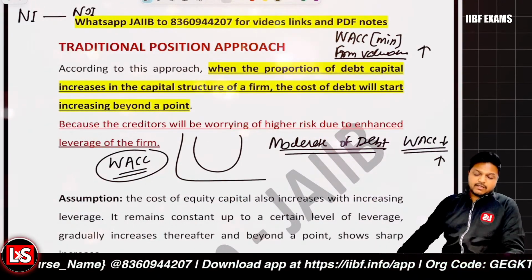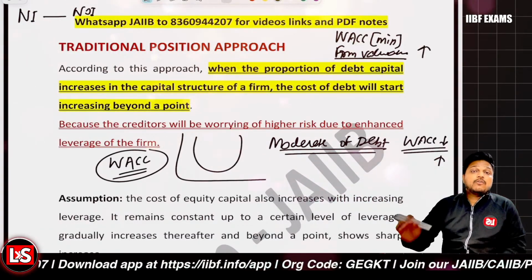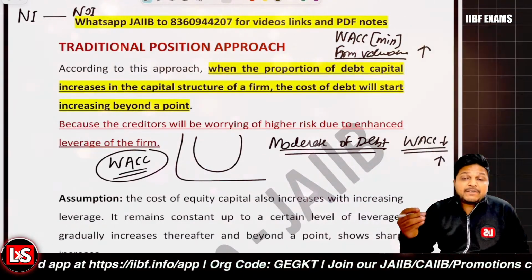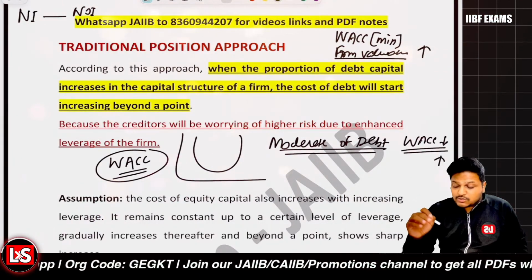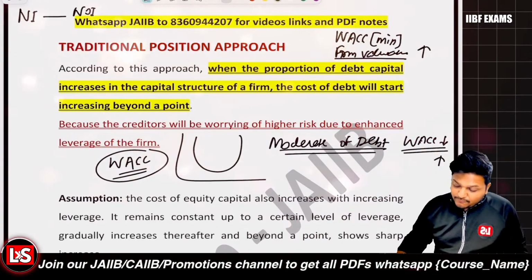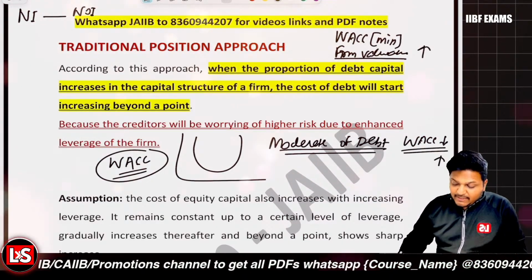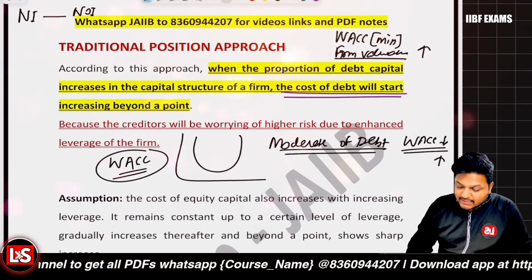So as per the traditional position approach, when the proportion of the debt capital is going to increase in the capital structure, the cost of debt will start increasing, right? First of all, the cost will basically be decreasing, but after some particular point, the cost of the debt will start increasing.